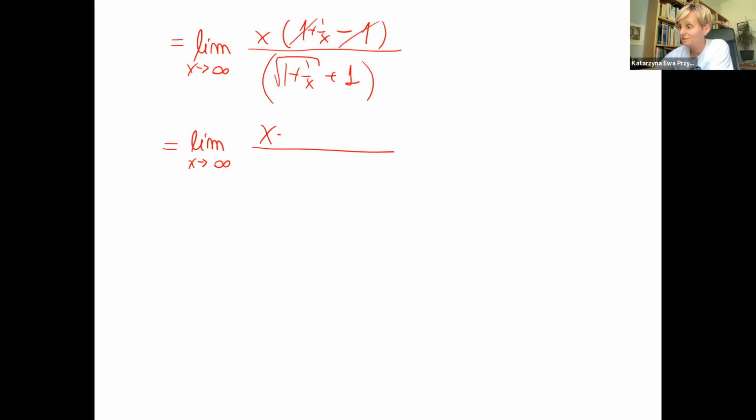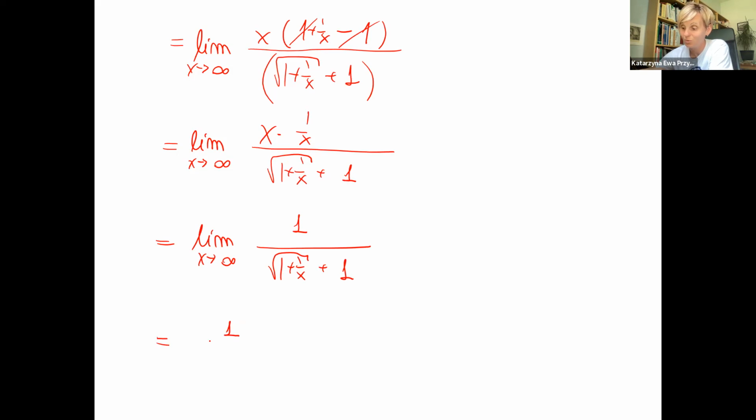Okay, now this is gone. 1 minus 1, 1 over x. Do you think we are close to the answer? And x times 1 over x, we're getting 1 on the top, and we still have this expression. And the limit of 1 will be 1, constant. 1 over x goes to 0, then we will have the square root of 1 plus 1. The final answer is 1/2.